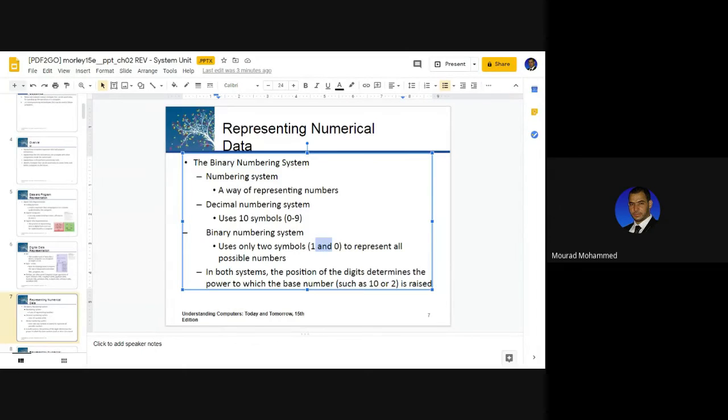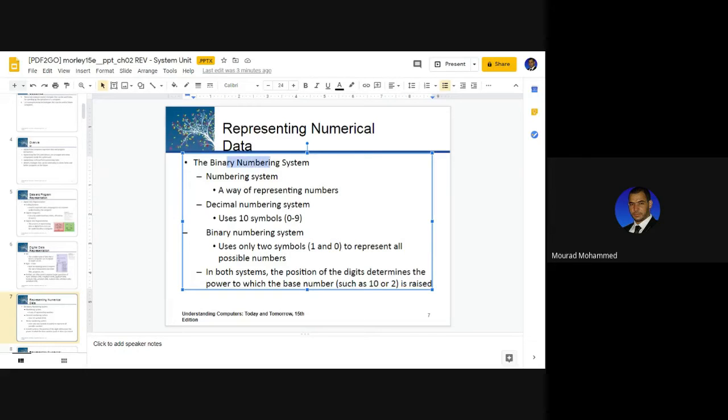The binary system will translate an input data to zeros and ones only, a series of zeros and ones, 1 1 1 0 0 0 1 0 1, and so on. This is the binary numbering system. It translates whatever the data is, picture, video, text, audio, slide like this, or whatever, into a series of zeros and ones.